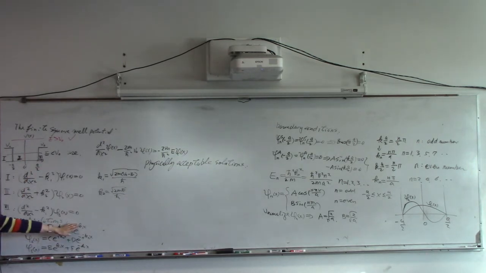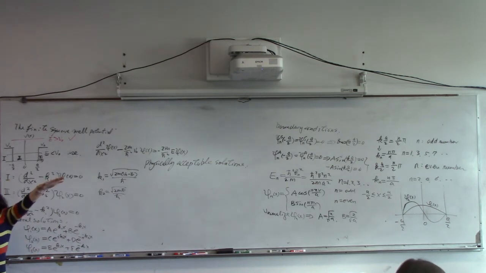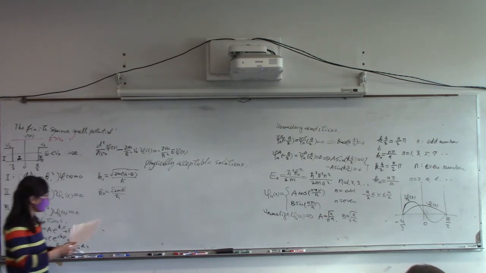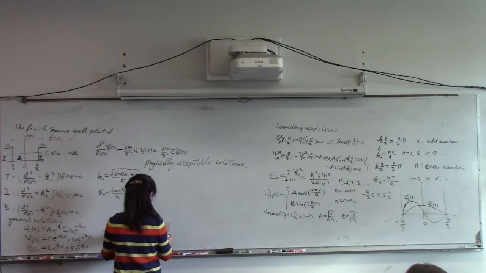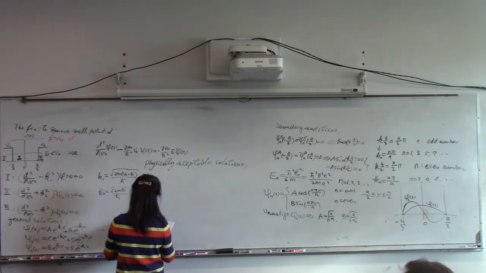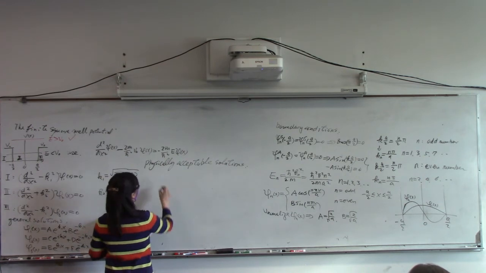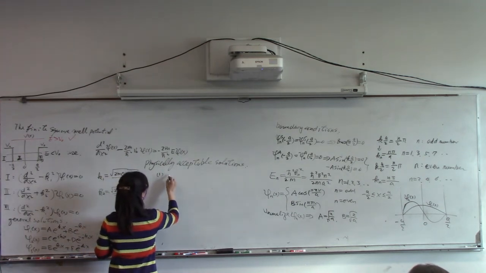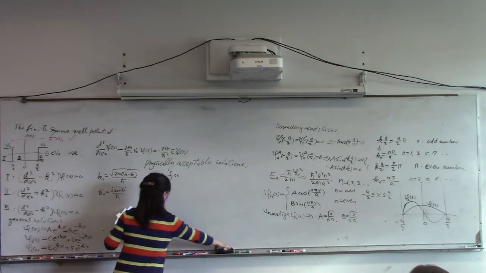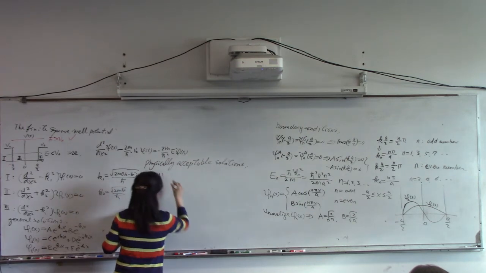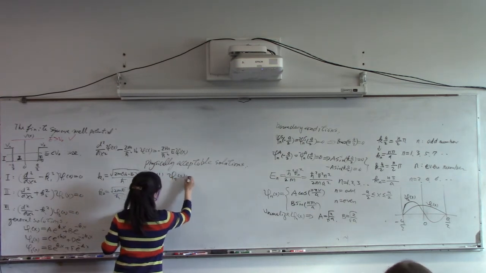So we have to drop this one. Similarly for psi 3, when x goes to positive infinity, this one is not acceptable, only this one. That is one thing. So the first case is the function psi(x) being finite.